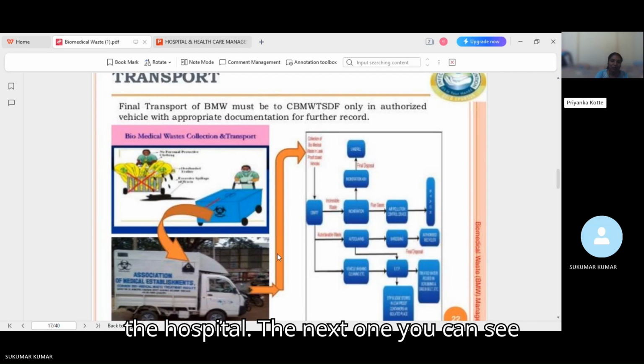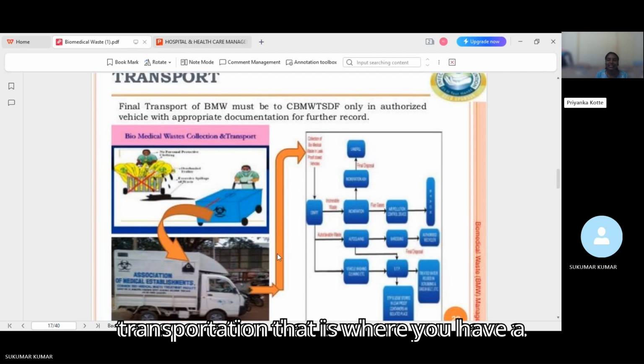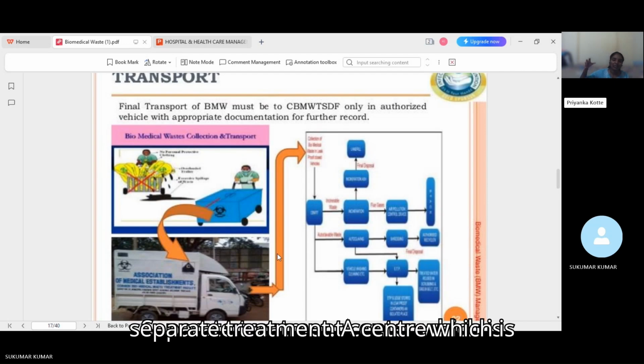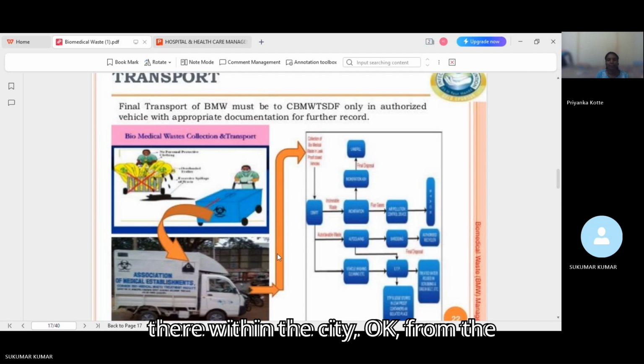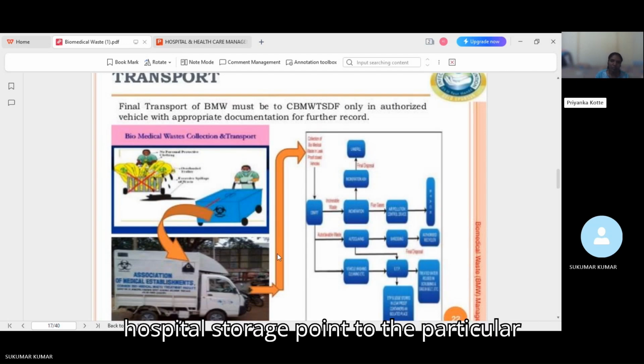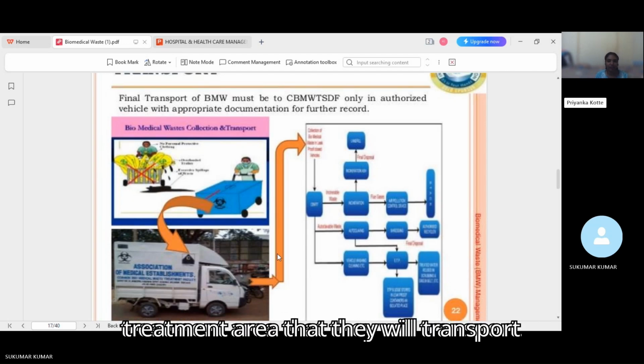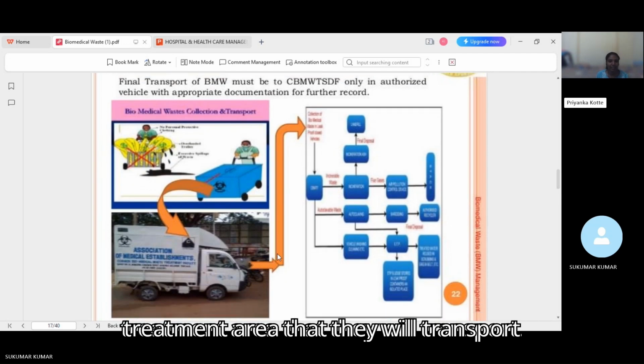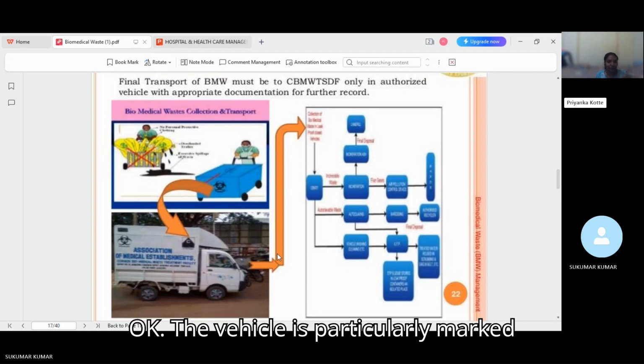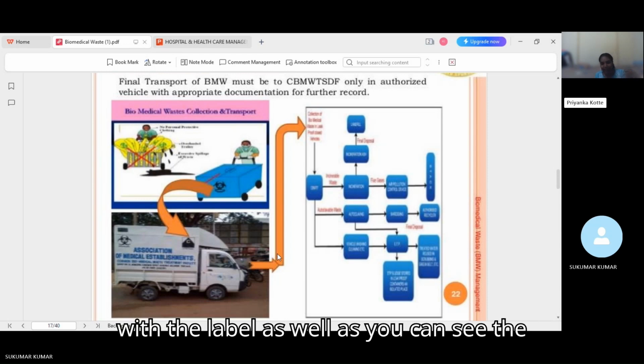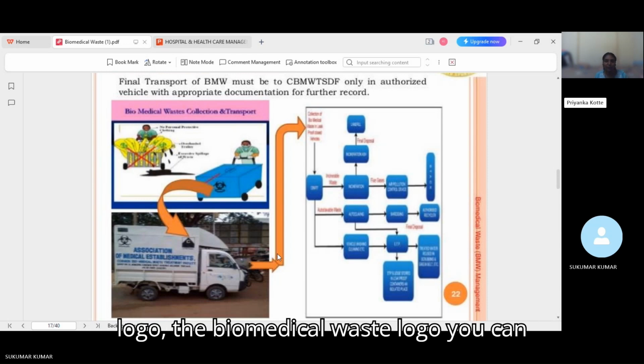The next one is the transportation of biomedical waste. This is where you have a separate treatment center within the city. From the hospital storage point, they will transport the waste to the particular treatment area. The vehicle is marked with a label, and you can observe the biomedical waste logo there.